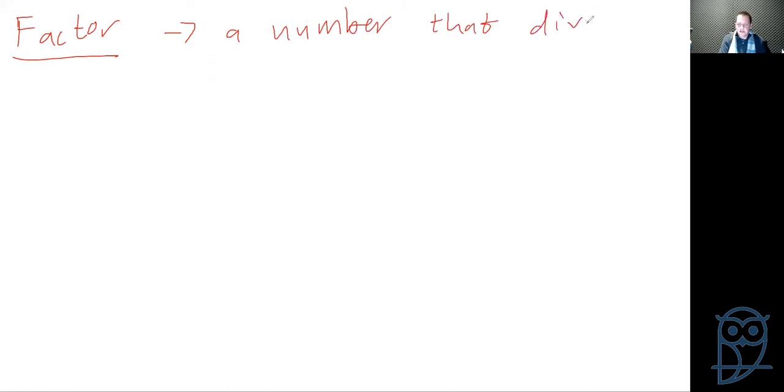What about if I have a look at a factor? Well, a factor is slightly different. So a factor is a number that divides into another number with no remainder.